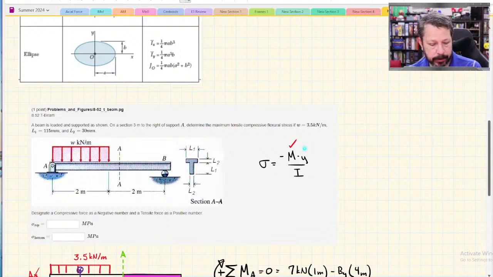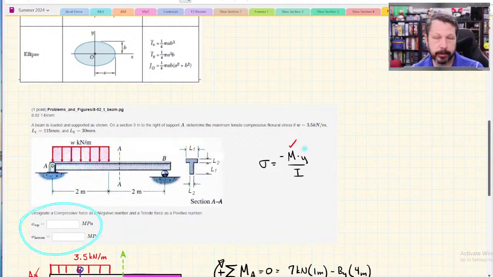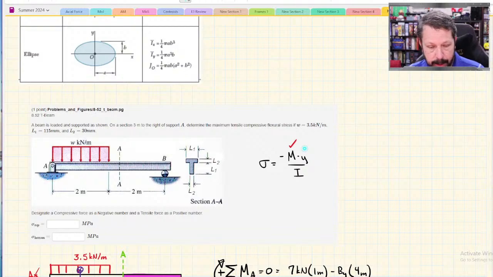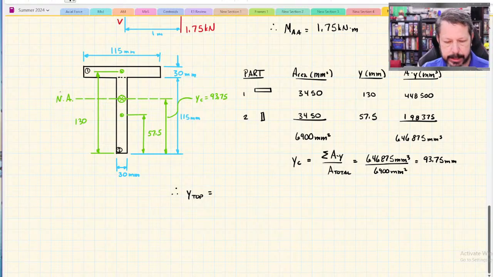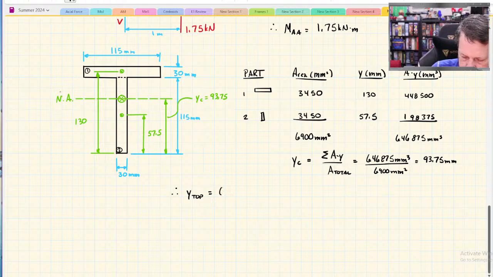We have 2 different y values because they're asking us for 2 different things over here. So y for the top, let's go ahead and write those numbers down. Therefore, y for the top equals the total height of the beam, 115 plus 30, but then we're going to subtract off 93.75.